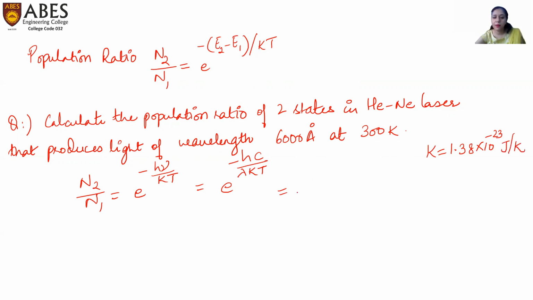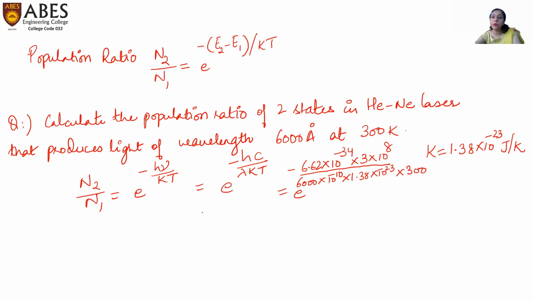So the solution will be e raised to the power minus 6.62 into 10 raised to the power minus 34 into 3 into 10 raised to the power 8. Lambda is 6,000 into 10 raised to the power minus 10. Value of k will be 1.38 into 10 raised to the power minus 23, and temperature is 300 Kelvin.